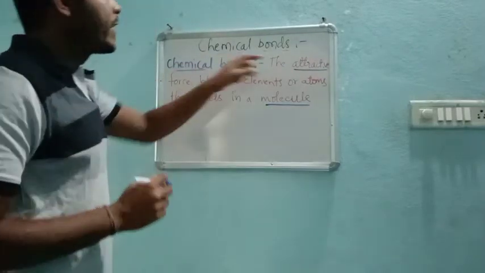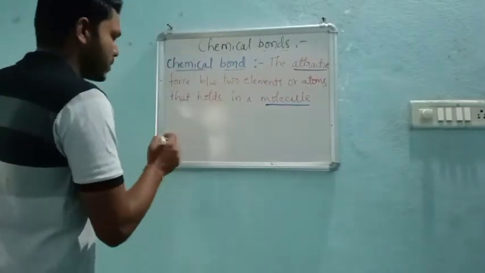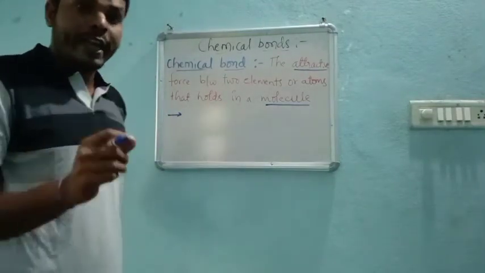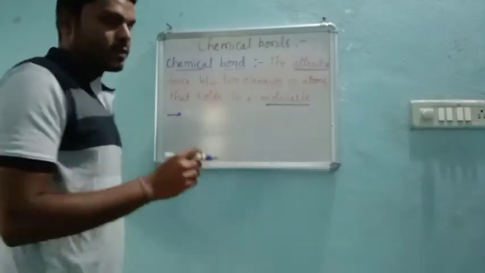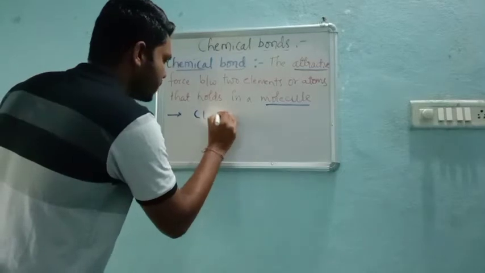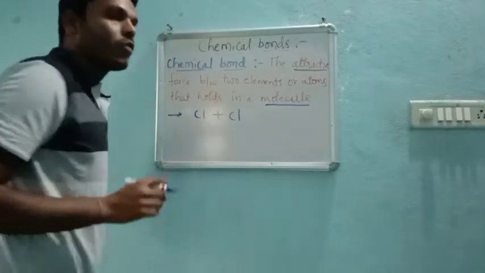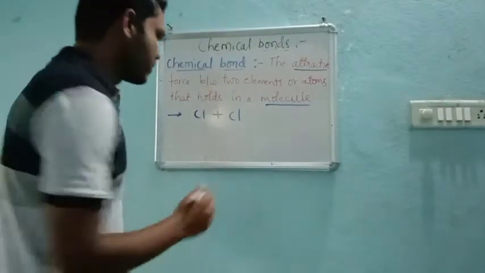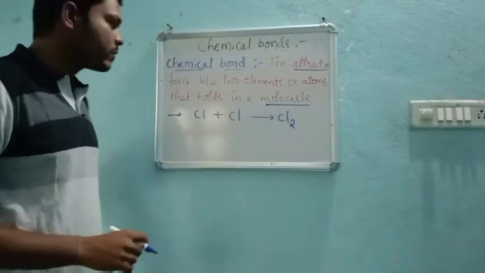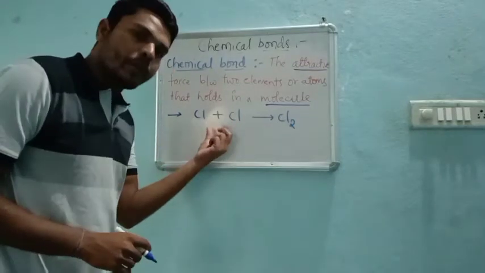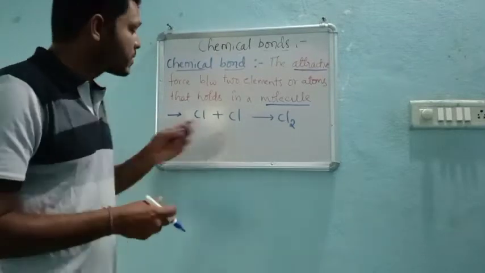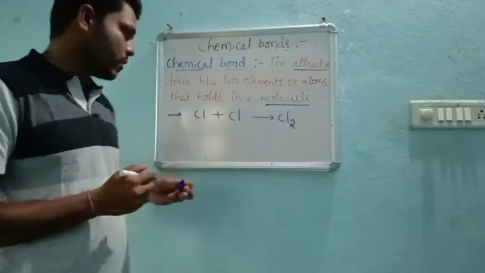So now, when does this attraction occur? First thing to remember is that we need to bring two elements together. Let us take the example of Cl. We want to form chlorine gas, so there should be an attraction between these two chlorines, right? When does this attraction occur? That is a very important point.